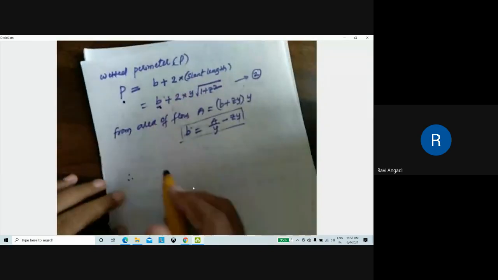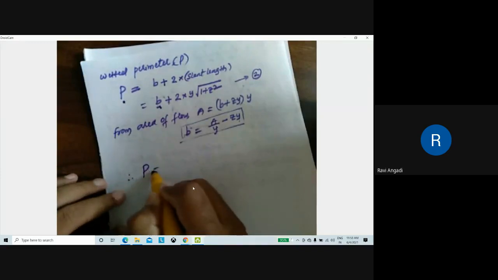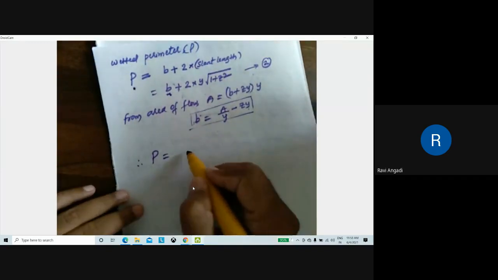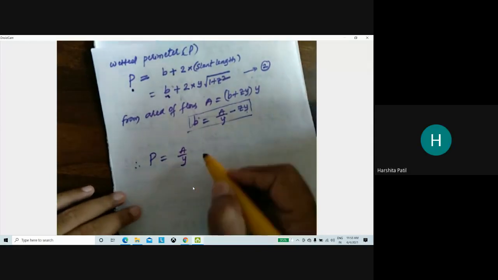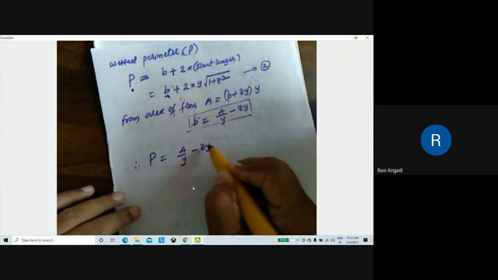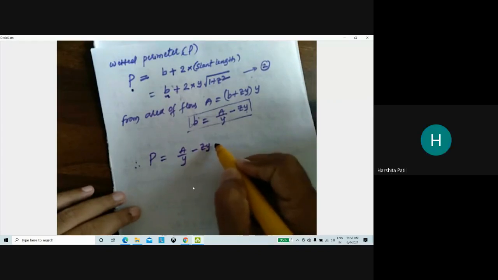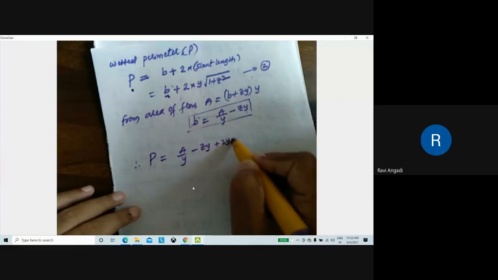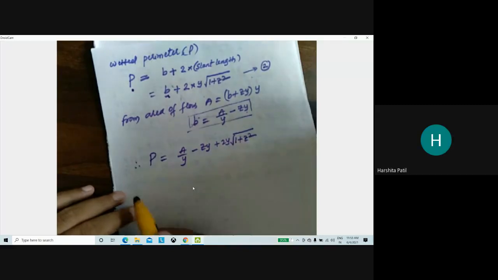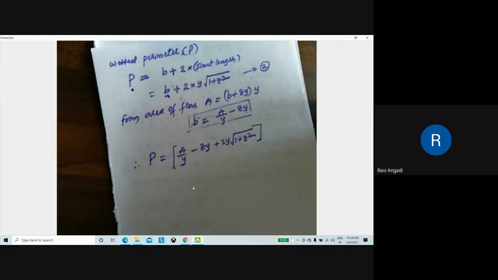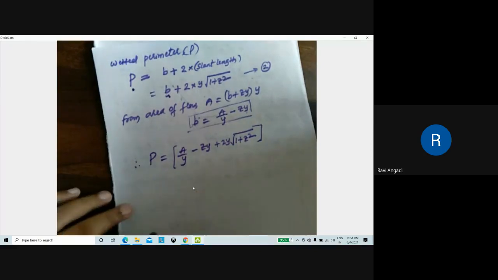So P equal to a by y minus zy plus 2y square root of 1 plus z square. Correct. Exactly.